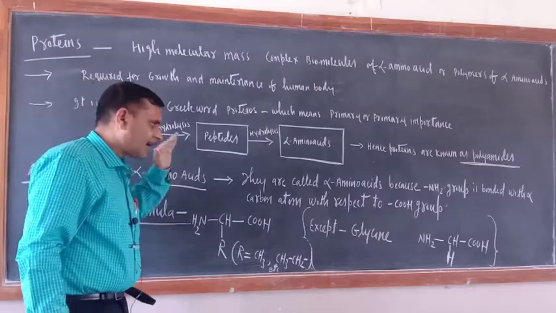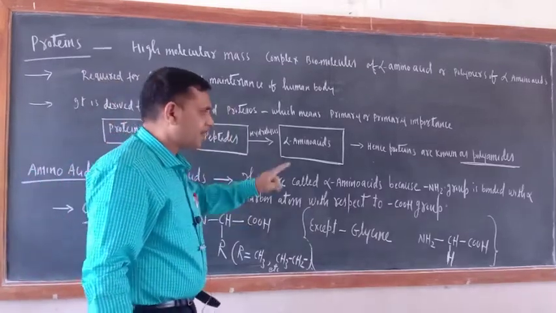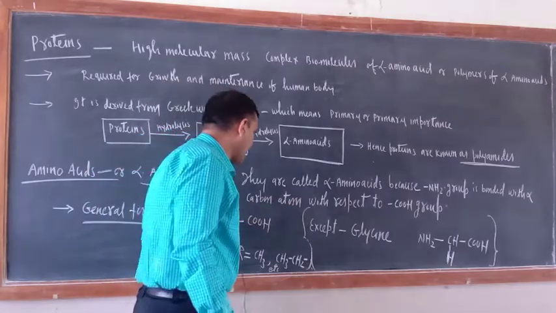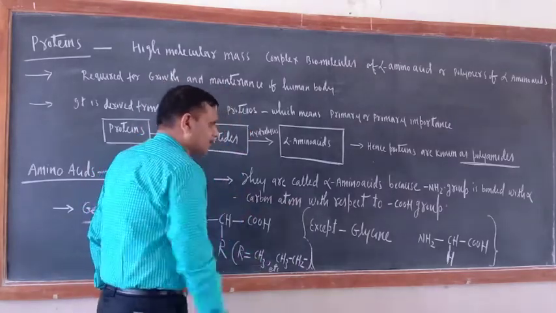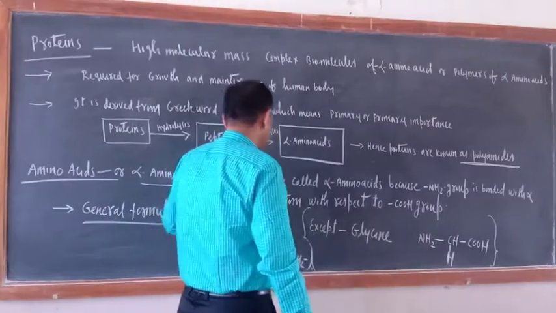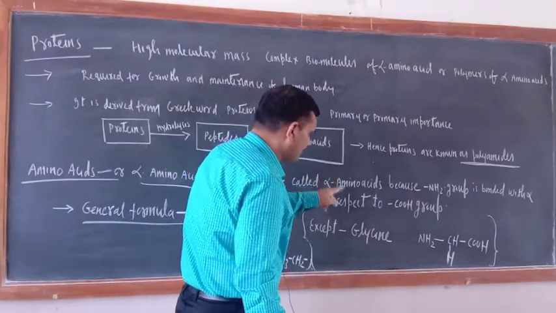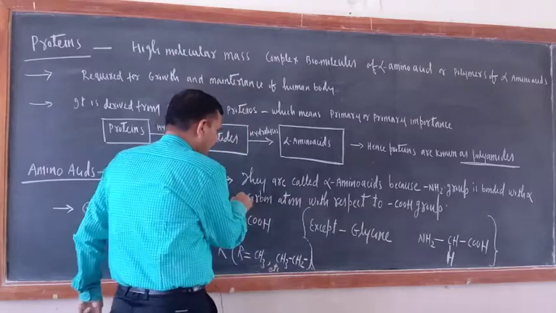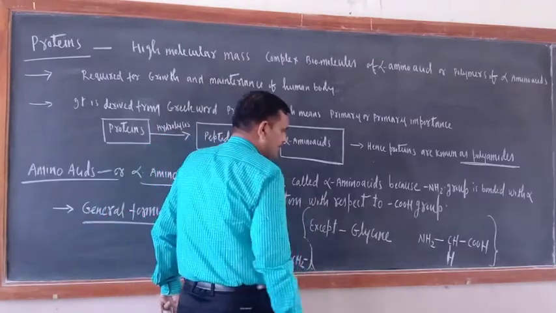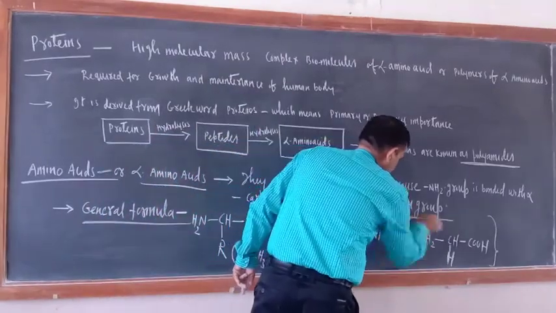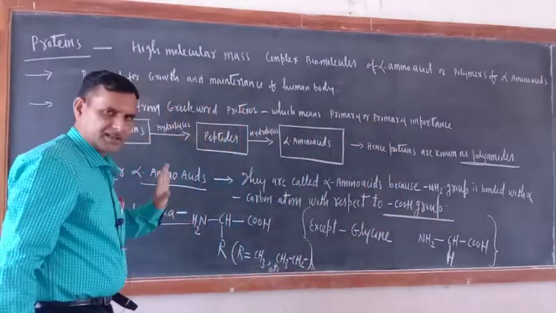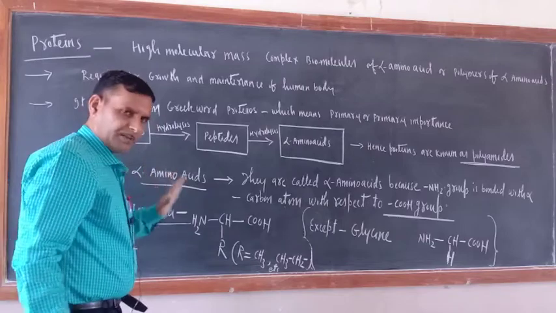They are called alpha amino acids because the NH2 group is bonded with the alpha carbon atom with respect to the COOH group. Correct? Now, don't worry, we'll tell you.